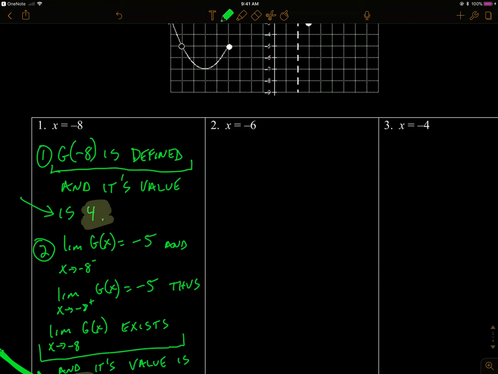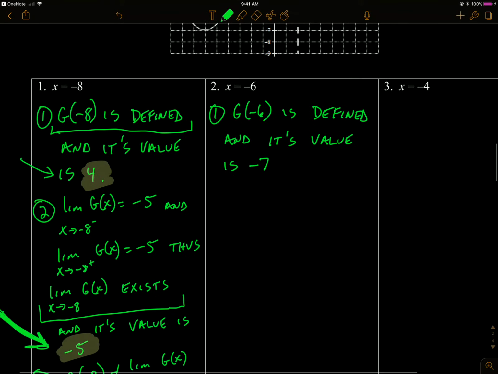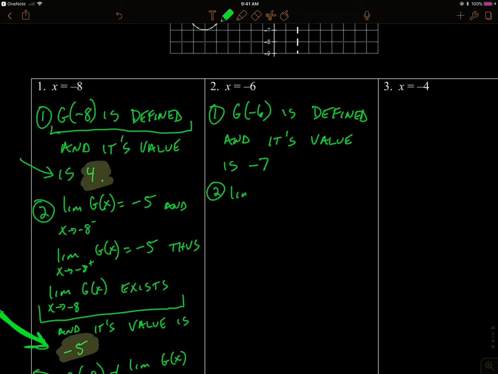Let's look at -6. All right, so criteria 1 or step 1 is that g of -6 must be defined. It is based on the graph. Its value, I'm going to need to know that for later, is -7. Step 2, the limit as x approaches -6 from the left of g of x equals -7, and the limit as x approaches -6 from the right of g of x equals -7.